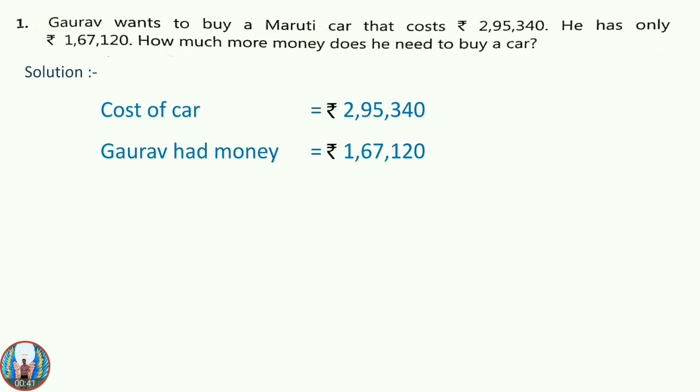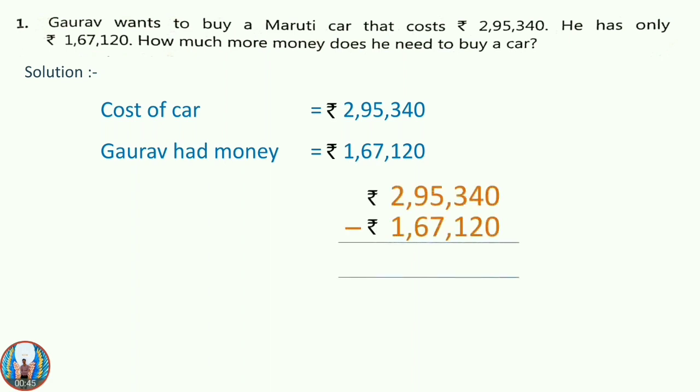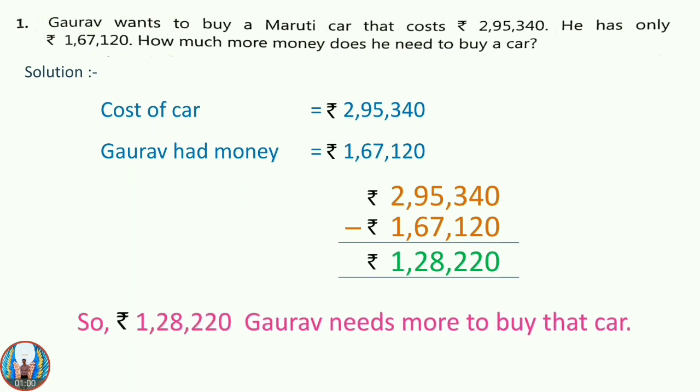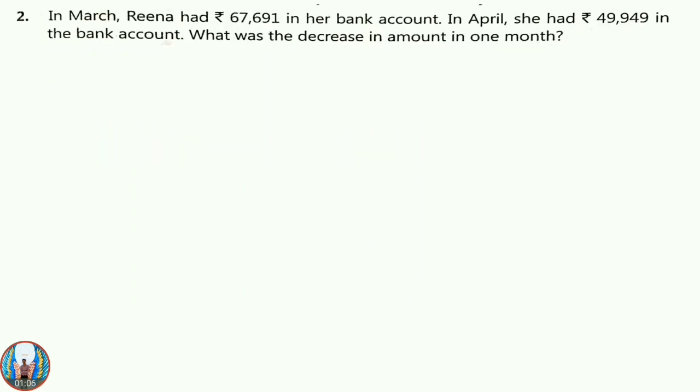So the money needed by Gaurav we can find by subtracting the money he had from the total cost of the car. So 1,28,220 is the answer. So Gaurav needs 1,28,220 rupees more to buy that car.